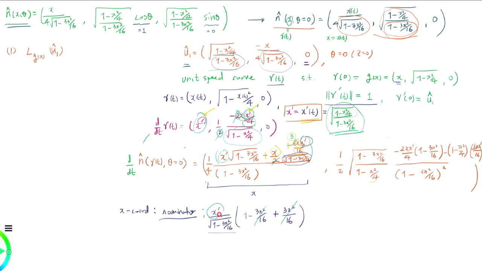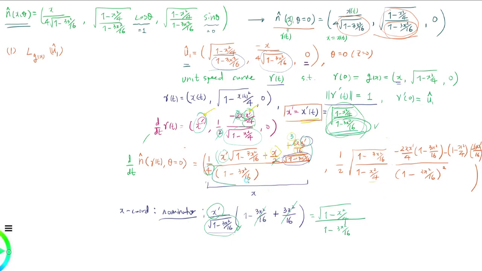And x prime of t is nothing but this value, and what's left is square root of 1 minus x squared over 4. No, I'm sorry. They are not cancelled, they are multiplied. So over 1 minus 3x squared over 16. Okay, that looks better.